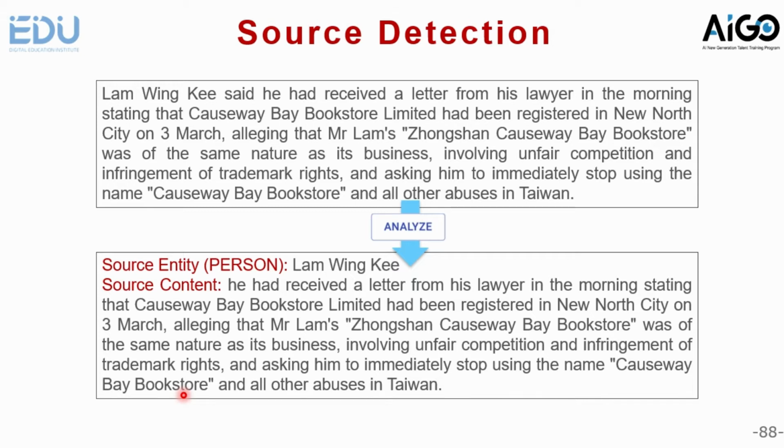So we can utilize the NLP approach to extract the entity and design the source. And probably we can collaborate with a fact-checking company or fact-checking organization, and they can check whether this source really conveyed this content or not.